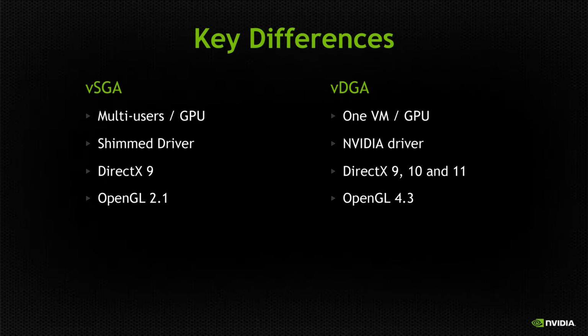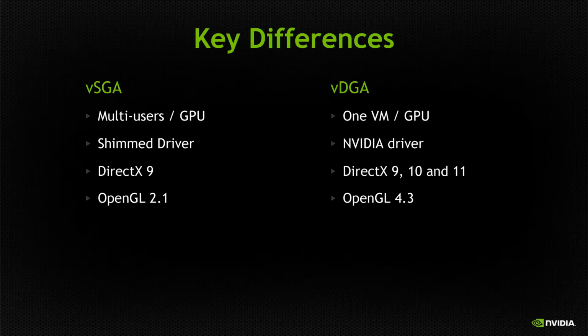If our Quadro driver supports it, you can use it in VDGA. The latest revision of OpenGL is 4.3. If 4.4 comes out tomorrow, once our regular Quadro driver implements it, it'll be available for use with VDGA. So there's really no reason to worry about compatibility when it comes to VDGA.